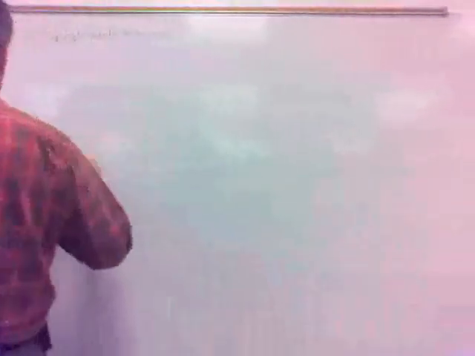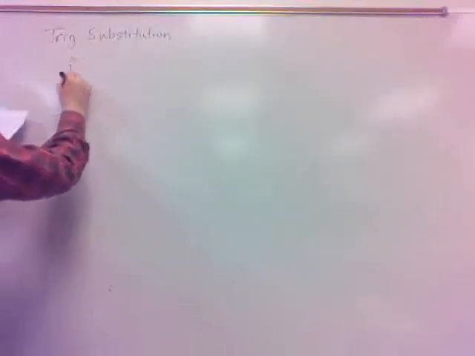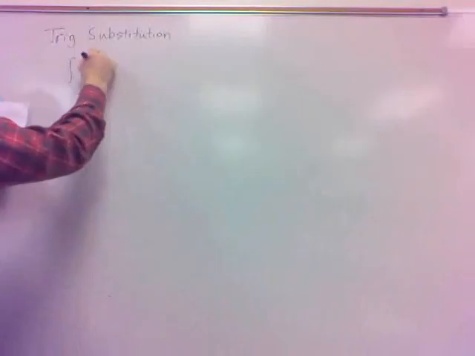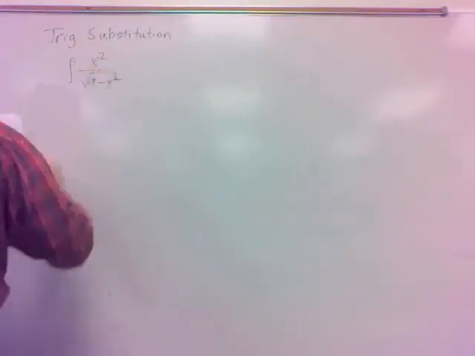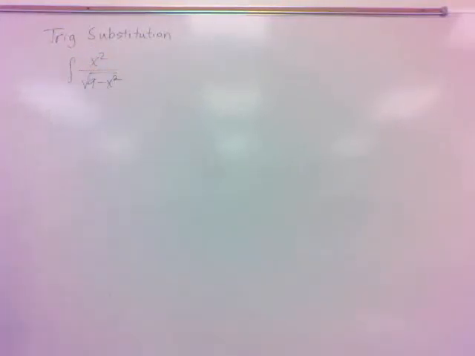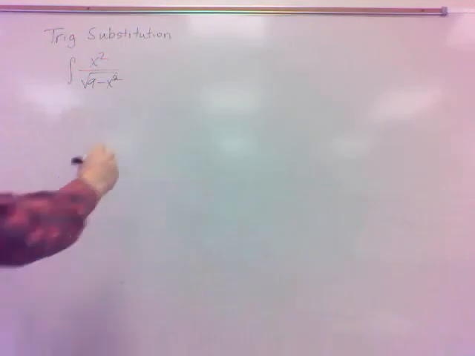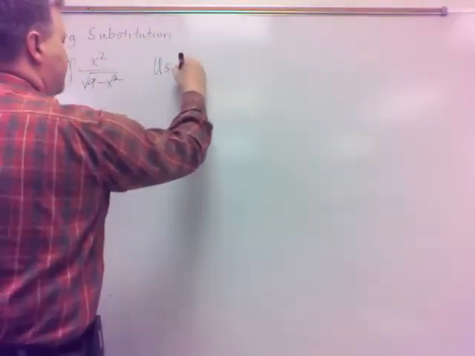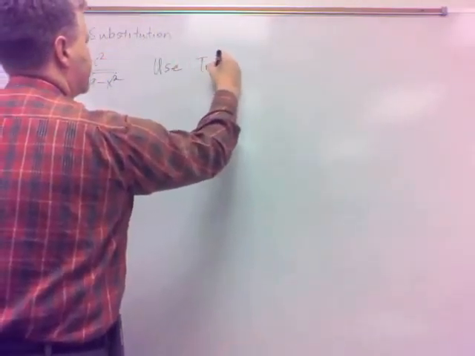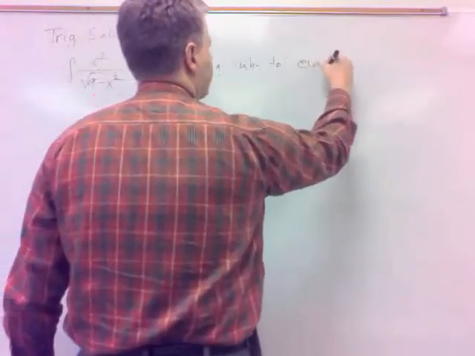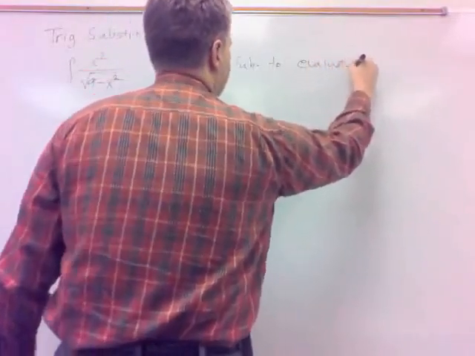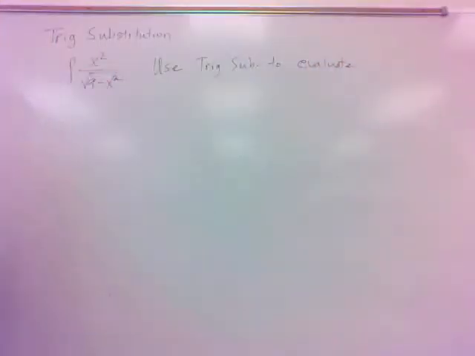All right, so I think this was one of our integrals I was talking about. The integral of x squared over the square root of 9 minus x squared. Use trig substitution to evaluate this. Okay, so there we've got it.